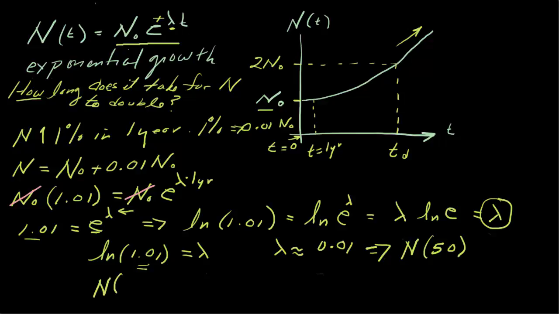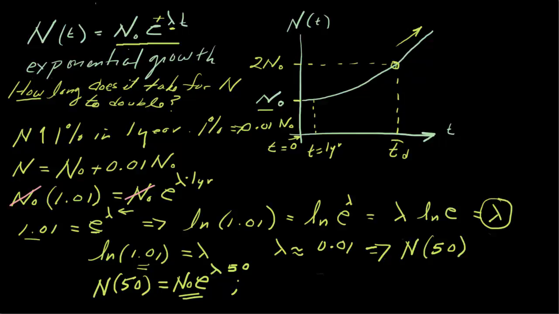We know that n of 50 should simply be equal to n0, which is given at the start, times e to the lambda times 50, and then solving for this new value.